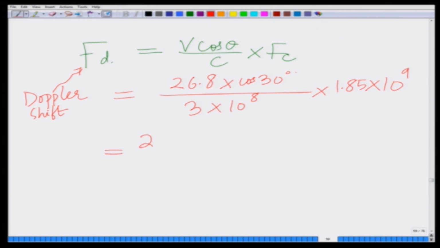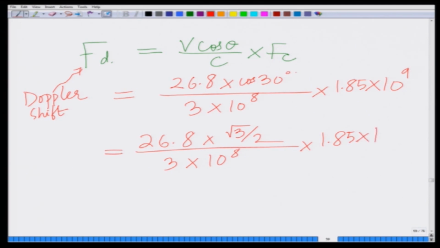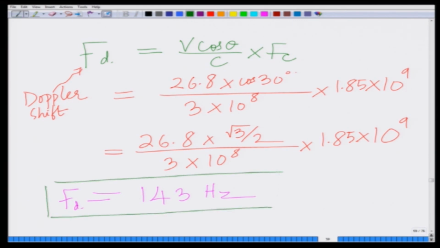And now I can substitute cosine 30 degrees equal to square root of 3 by 2. So, this is 26.8 times square root of 3 over 2 divided by 3 into 10^8 times 1.85 into 10^9, and this is approximately equal to 143 hertz.